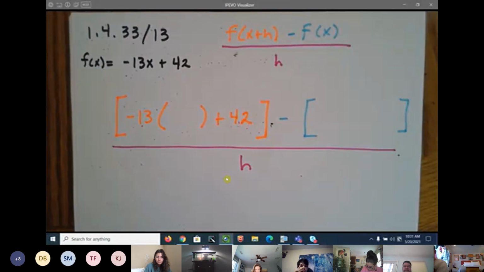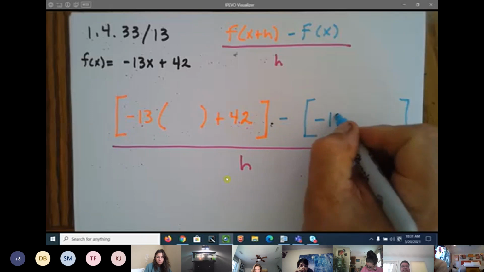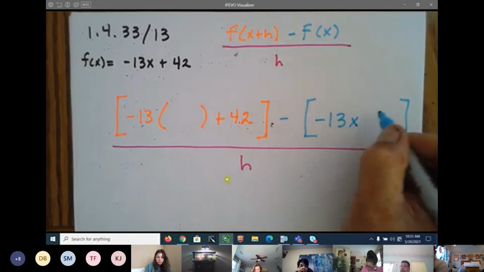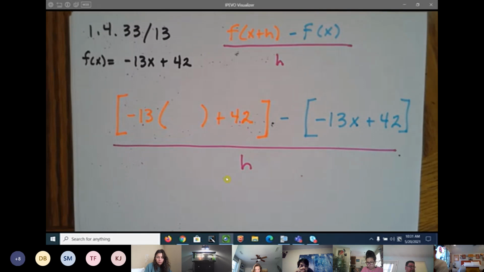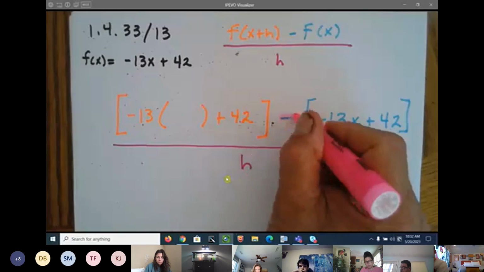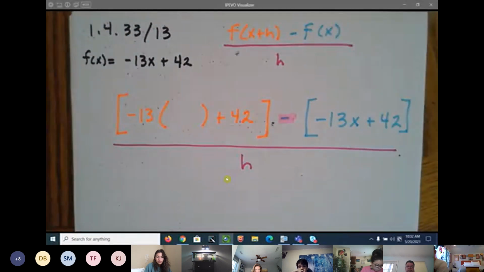And f of x is negative 13x plus 42. And I'm going to highlight that negative. Why am I going to highlight that subtraction symbol? Because it's important. It will mess you up. You'll do 90% of the problem correct, but you'll get the answer wrong because you have the wrong sign.